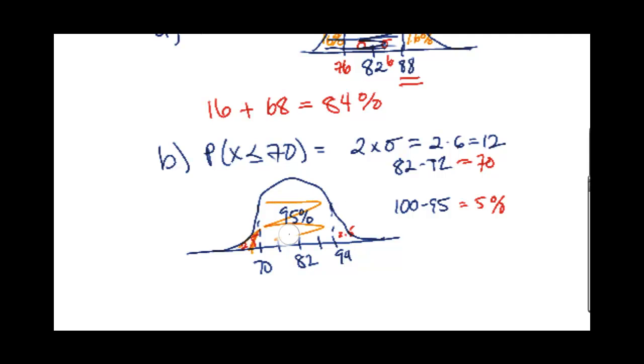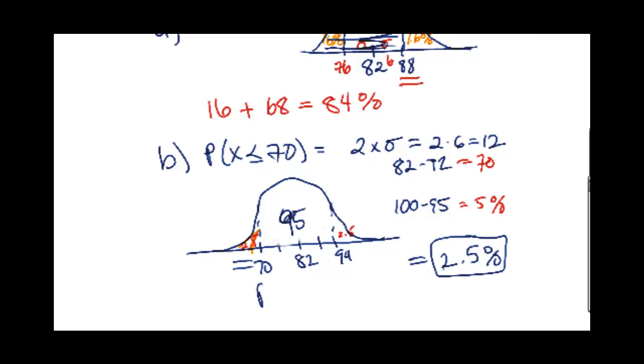No, I'm sorry, I lied to you. We wanted less than 70, right? So we just take that 2.5 and that's our answer, because we want this direction. So it equals 2.5%.